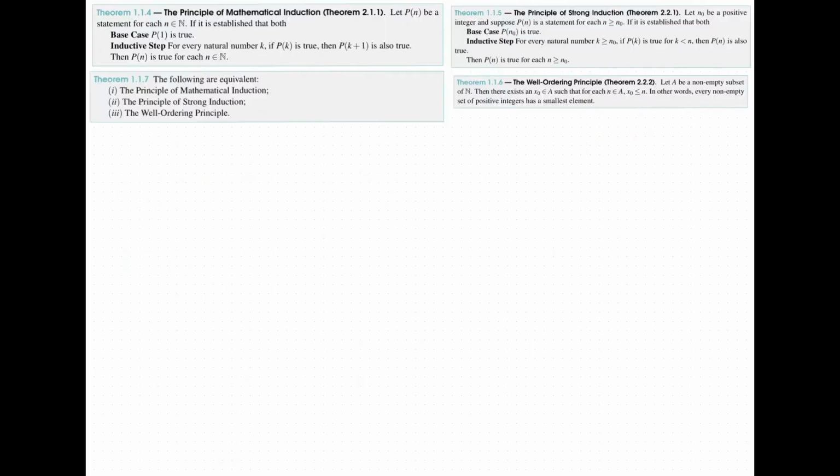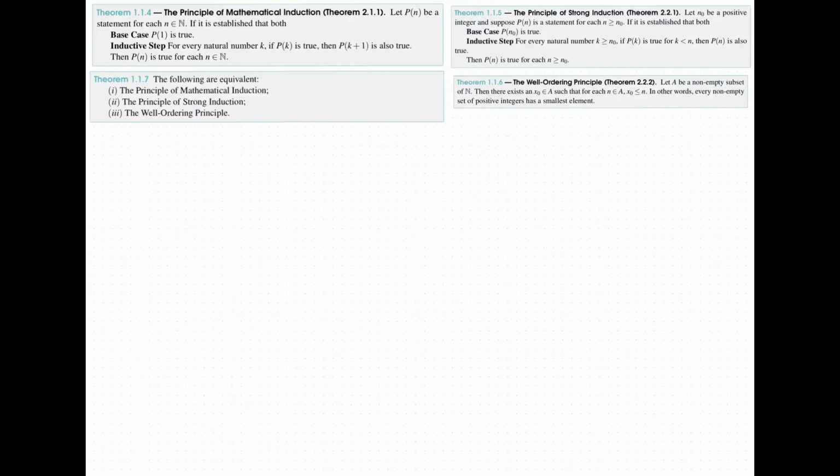To finish it off for today, I'm going to discuss the various equivalences that we actually have for induction and the well-ordering principle. So we have covered the principle of mathematical induction. As I mentioned, we don't prove it in this course, but this can be proven from the Zermelo-Fraenkel axioms for set theory.